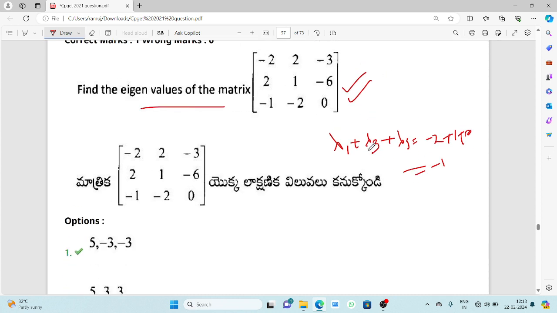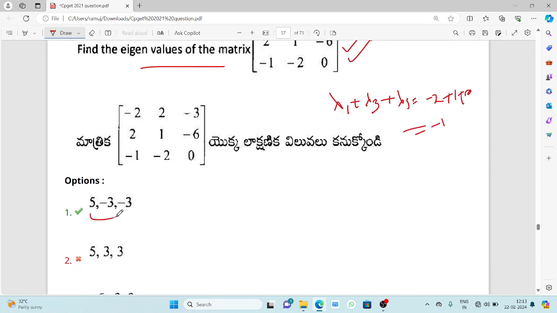If you compute the determinant, you directly get the answer. If you add these eigenvalues, 5, 5, minus 3, minus 3, that gives you minus 1.